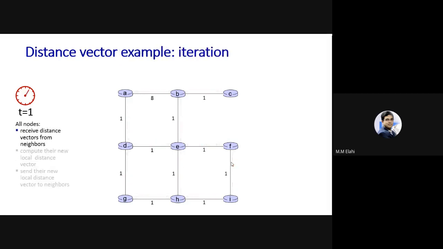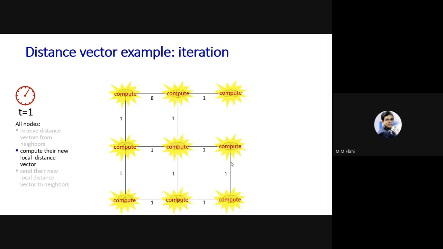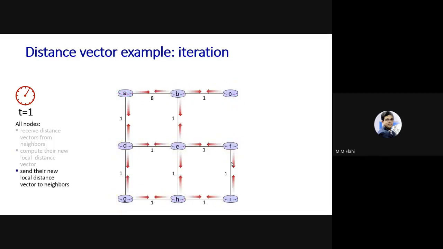So steps will continue. In t equals 1, all nodes will receive the distance vector from neighbors, that means updates from neighbors. Then they will compute their new local distance vector. That means they will apply the formula of the Bellman-Ford equation and see, is there any change in my table? If there is any change, then send their local distance vector to neighbors.